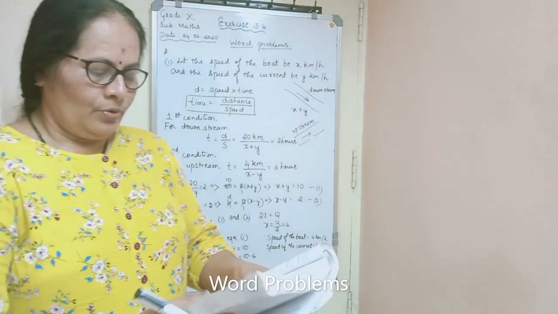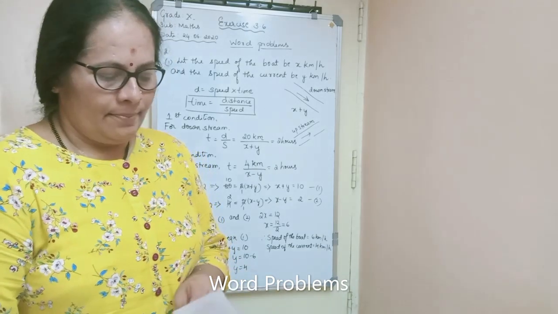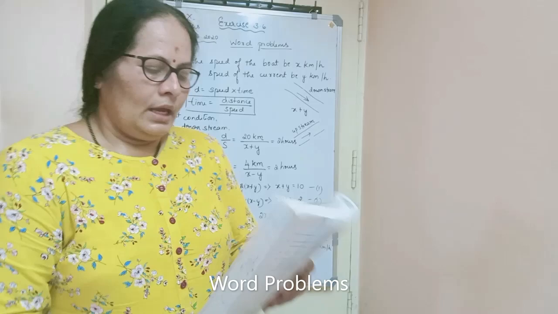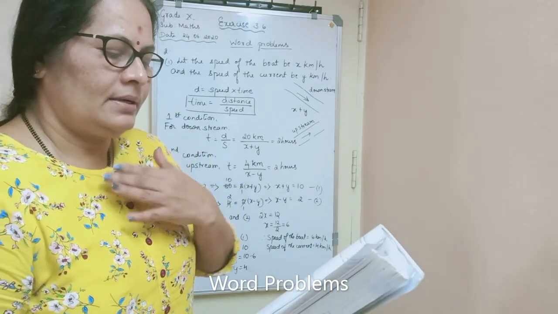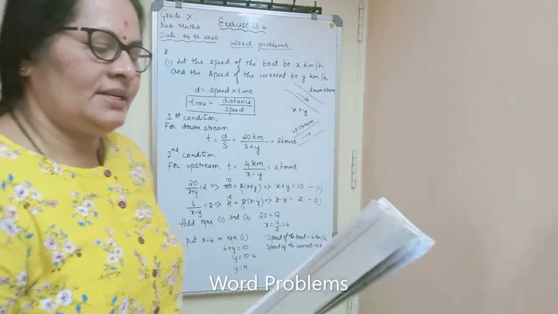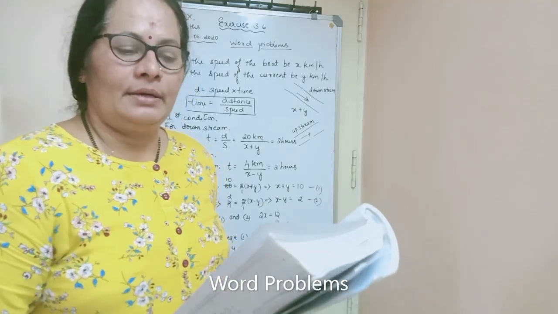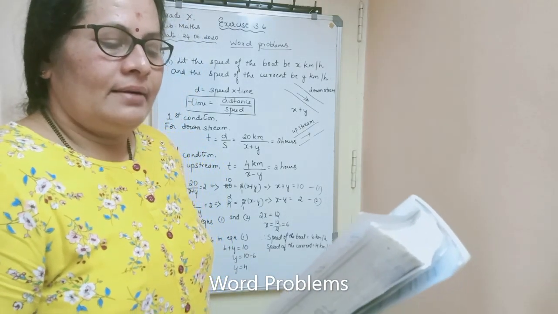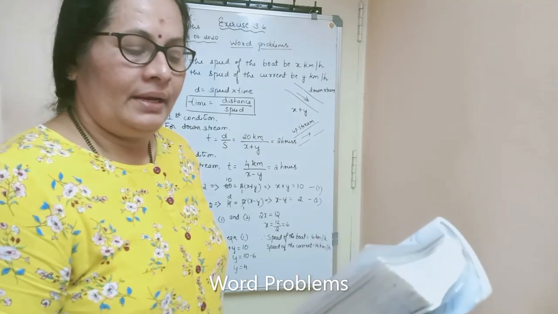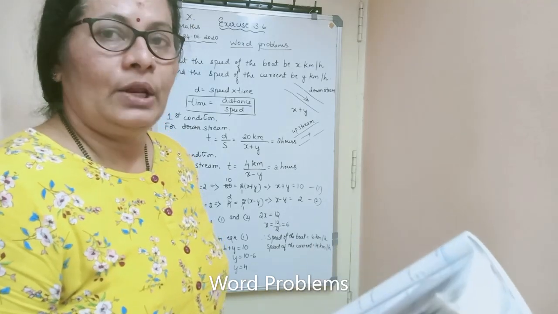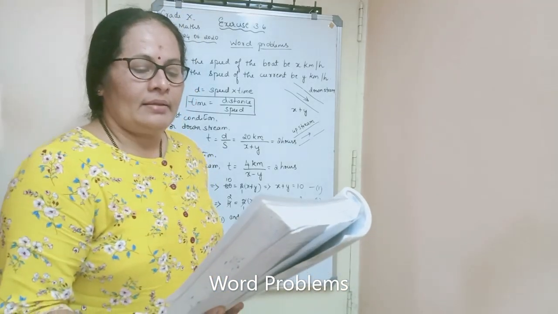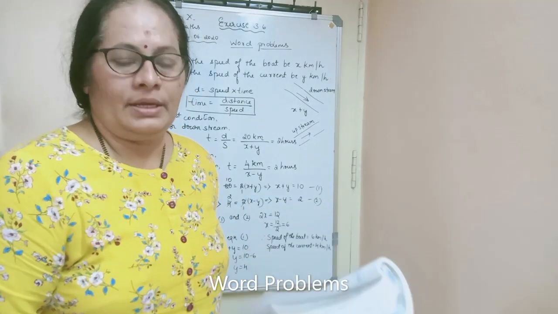Similar to this, one more sum is given in the solved example, page number 65. A boat goes 30 km upstream and 44 km downstream in 10 hours. In 13 hours, it can go 40 km upstream and 55 km downstream. Find the speed of the stream and that of the boat in still water.